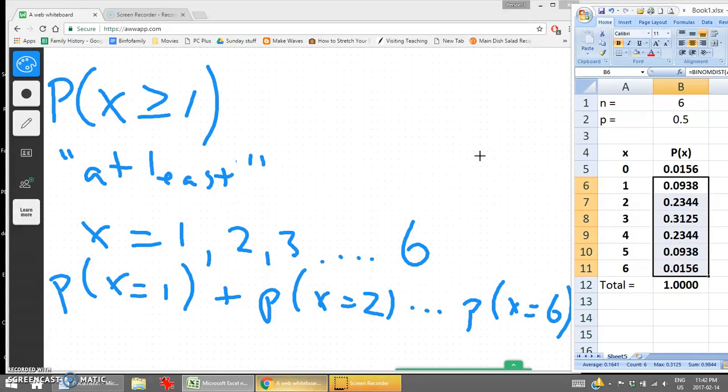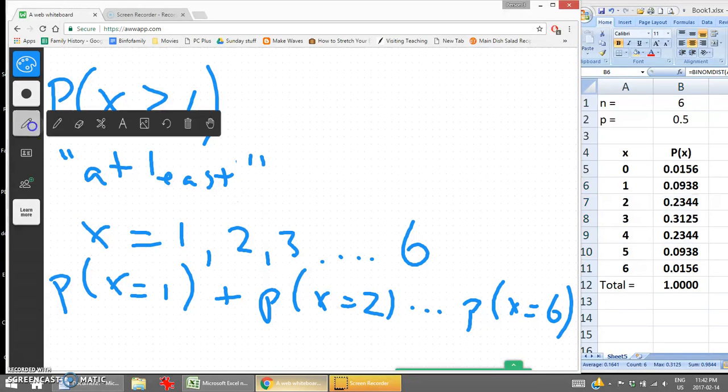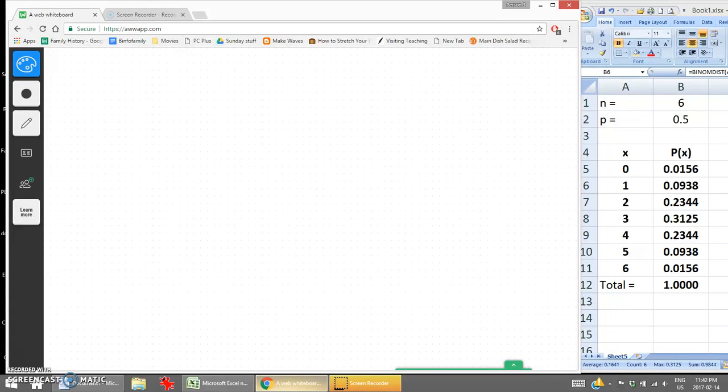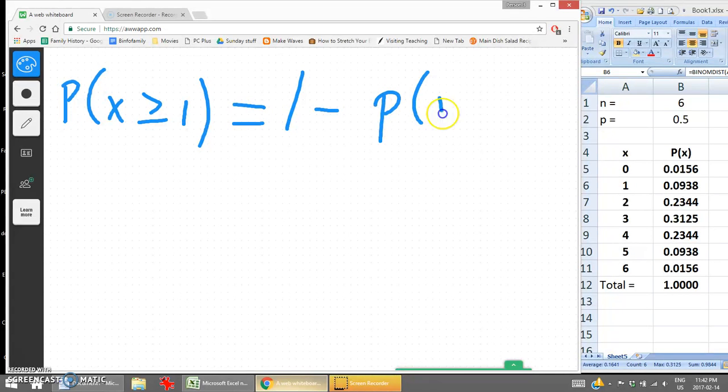So another way of doing this is understanding that the probability of at least 1, so the probability that x is equal to or greater than 1, is everything except for what we don't want, the probability of 0.